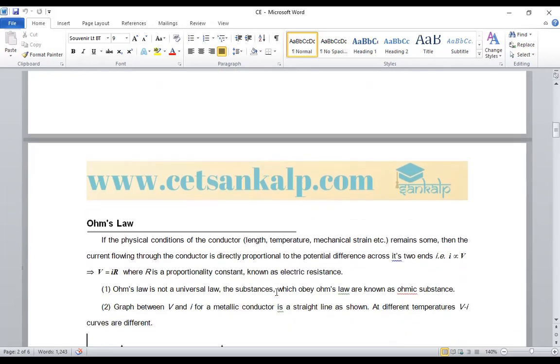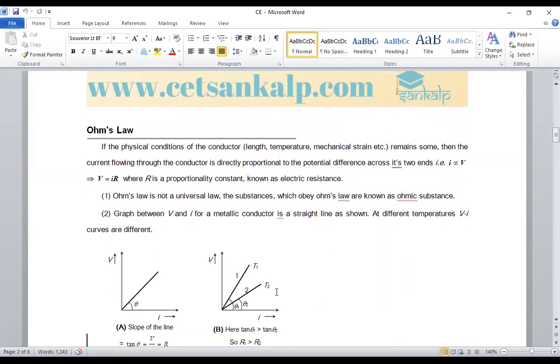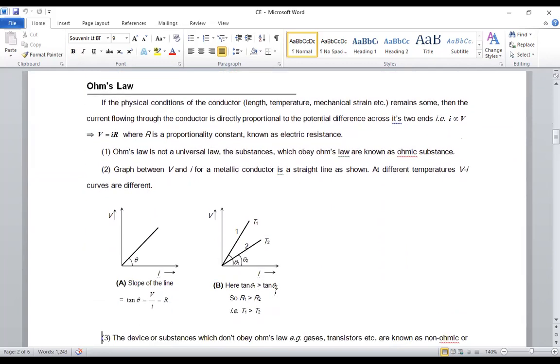Next, Ohm's law. As you all know, at constant temperature, the current flowing through the conductor is directly proportional to the potential difference across its ends.